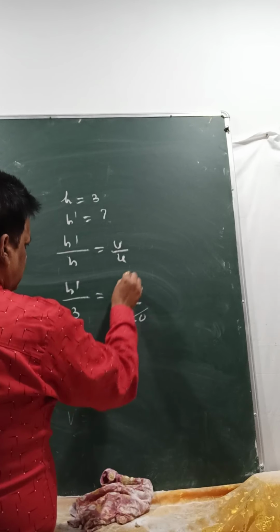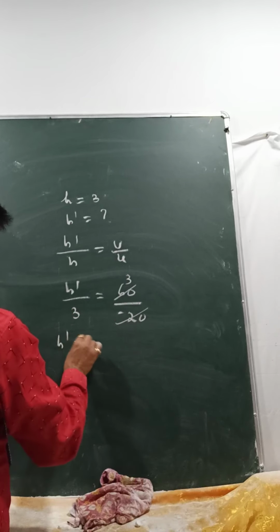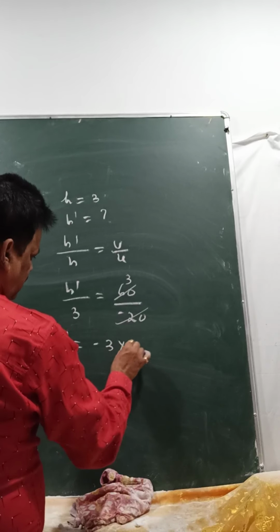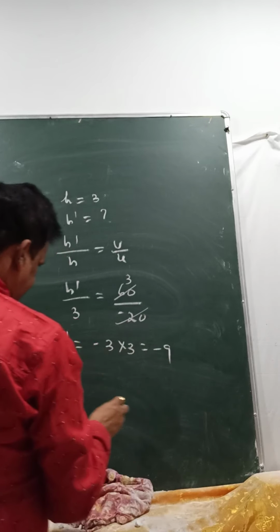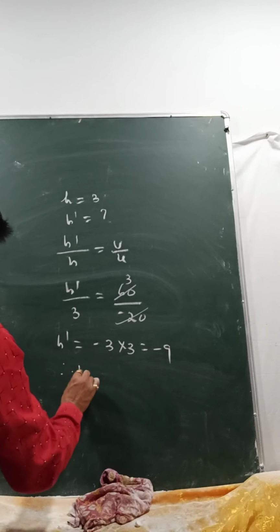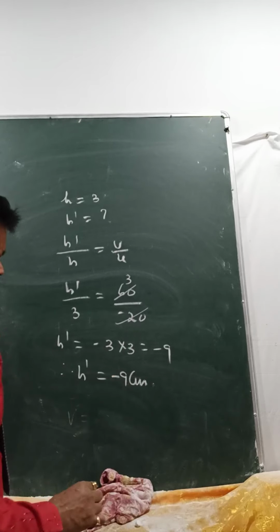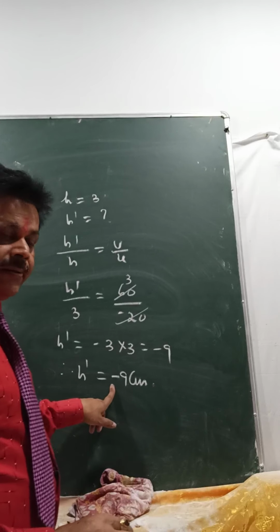This is cancelled, 3. So h dash equals minus 3 into 3, that is minus 9. So h dash, the height of the image, is minus 9 centimeter. Why minus? Because it is inverted.